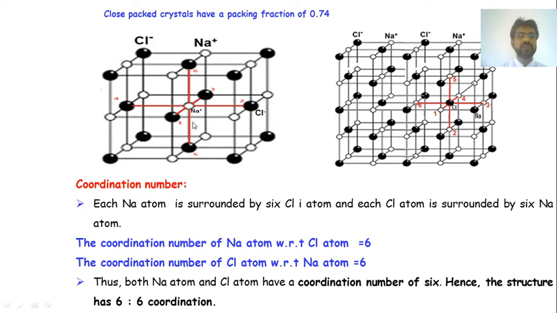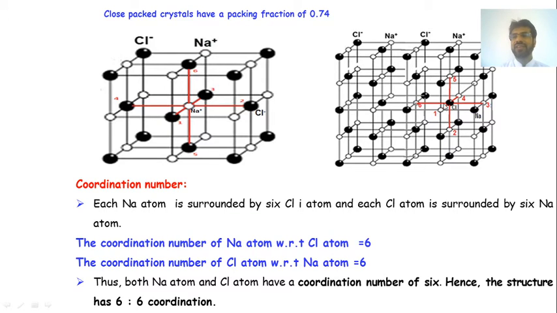Now here every Na atom and Cl atom gets surrounded by 6 neighboring atoms. That means the Na atom gets surrounded by 6 chlorine atoms. So we can say that the Na atoms get coordinated with 6 neighboring chlorine atoms. Therefore the coordination number of the Na plus atom with respect to chlorine is 6.